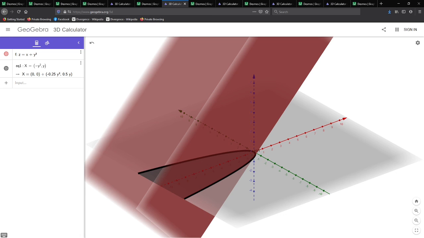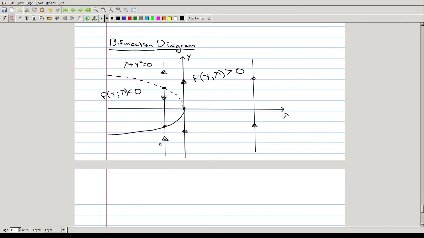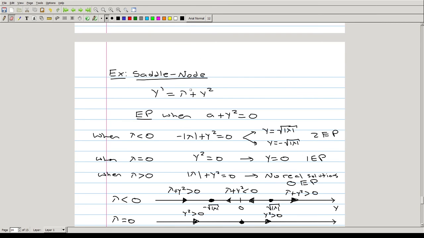So as you have already seen in this example, hopefully, you can see that we can have some pretty severe changes in the nature of solutions for even a relatively simple ODE. And you can go through and exactly solve this ODE as well. This is a separable ODE. It's a little bit more difficult to solve, but it's not too bad.